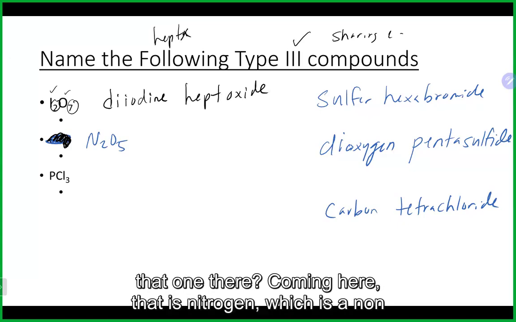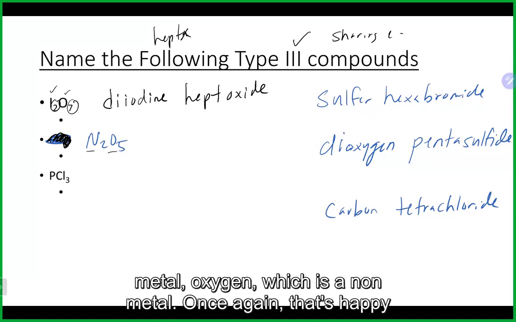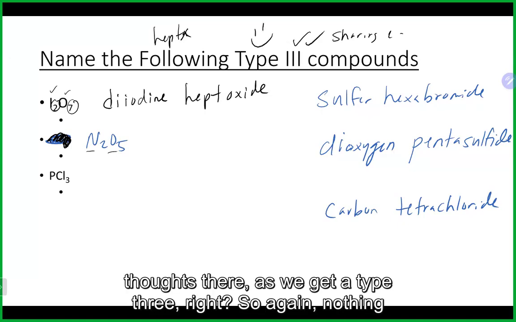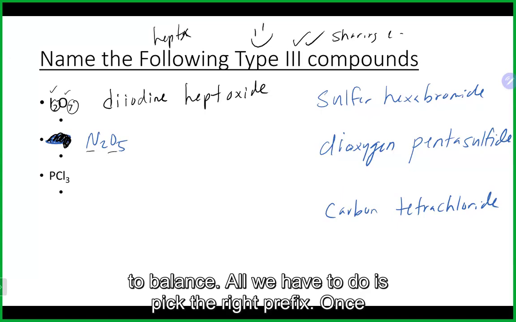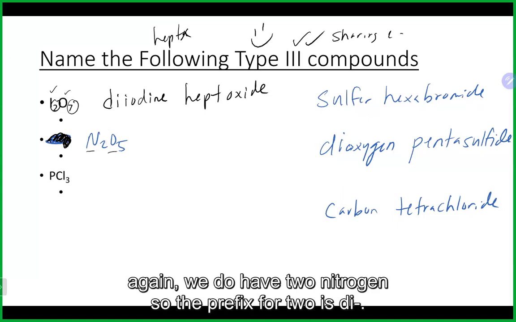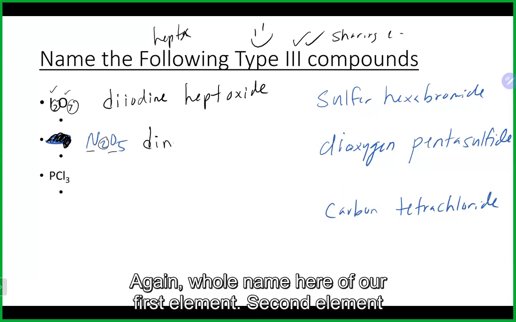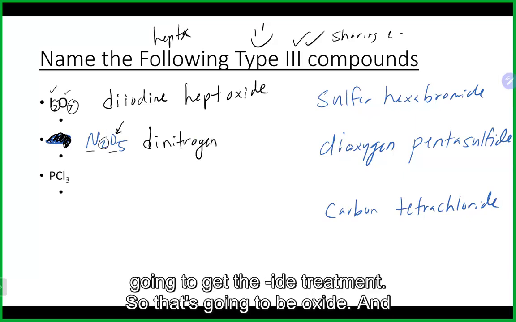Any question on that one? Coming here, that is nitrogen, which is a nonmetal, and oxygen, which is a nonmetal. Once again, that's happy thoughts as we get a type 3, so nothing to balance. All we have to do is pick the right prefix. We have 2 nitrogens, so the prefix for 2 is di. Again the whole name of our first element, and the second element gets the IDE treatment, so that's going to be oxide.